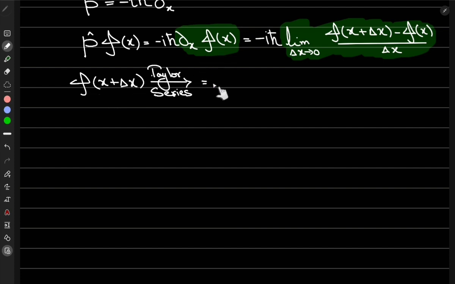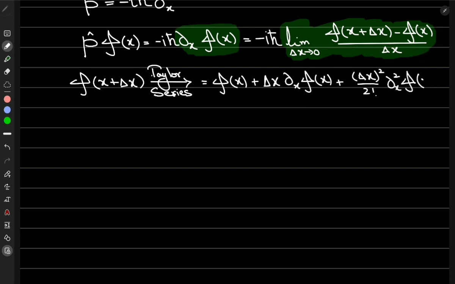under Taylor series, psi of x plus delta x times partial over partial x of psi of x, plus delta x squared over 2 factorial times partial x, the double derivative of psi of x. And then you can write this and so on.